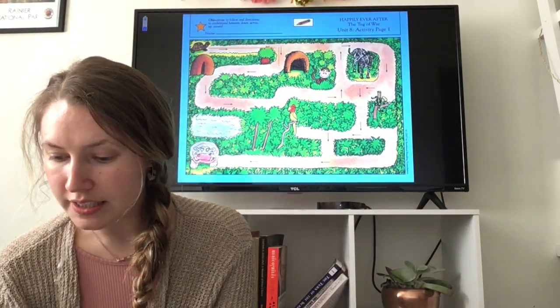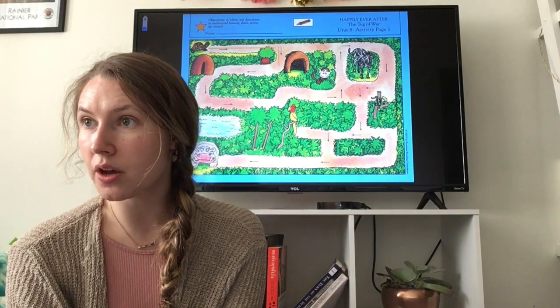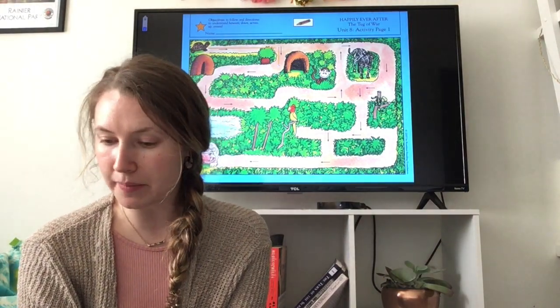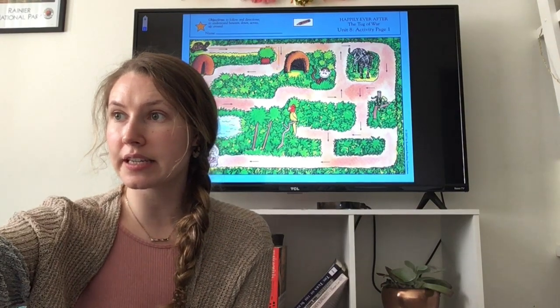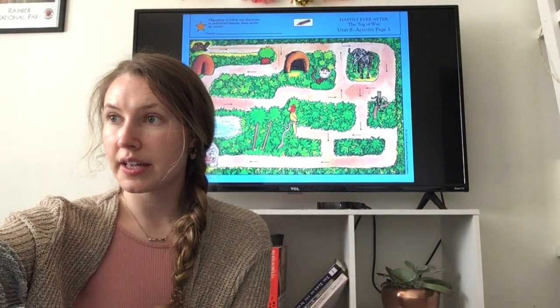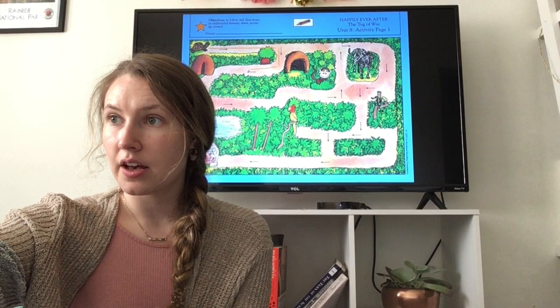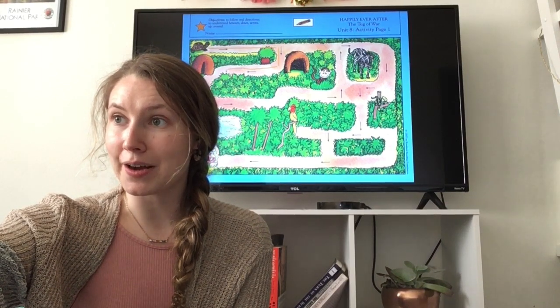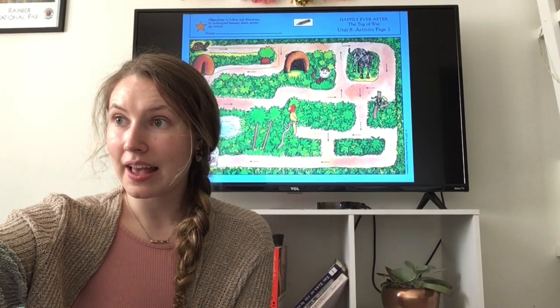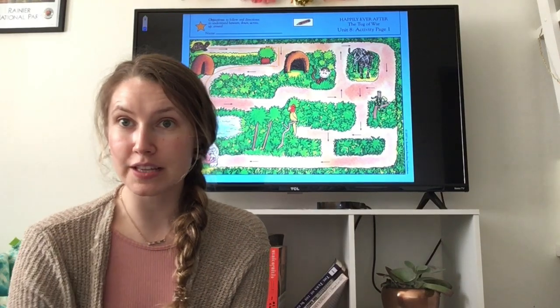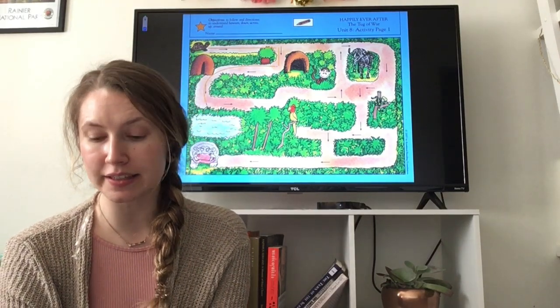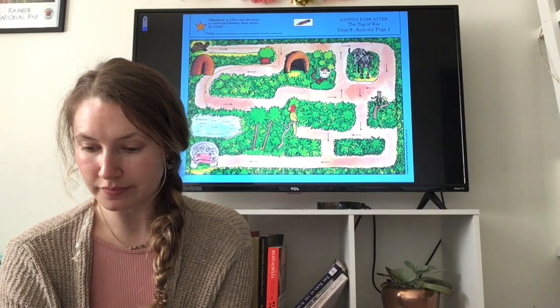Then he walked down to the pond. Oh, so we have to help him get to the pond. Okay, so we're gonna take our turtle here and show him the way. Ooh, he's going by the hut with the thin door until he reaches the pond. Okay, so now we're at the pond, so we're gonna stop and listen to our next direction.